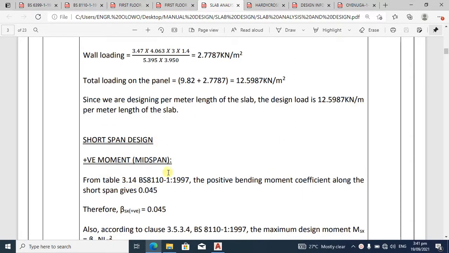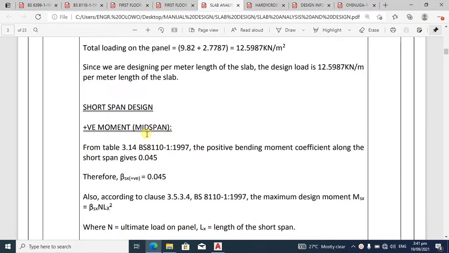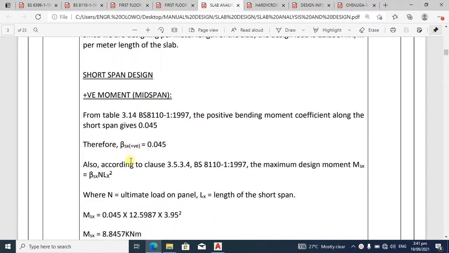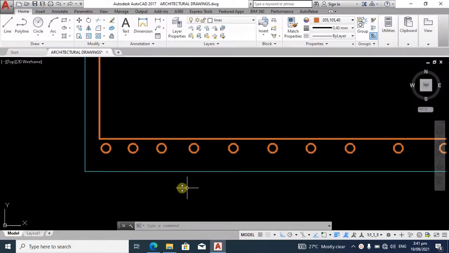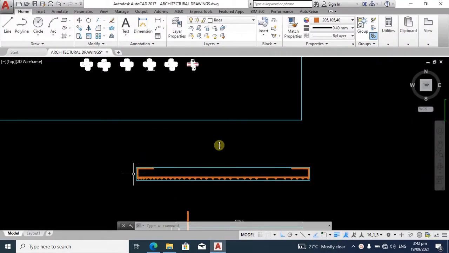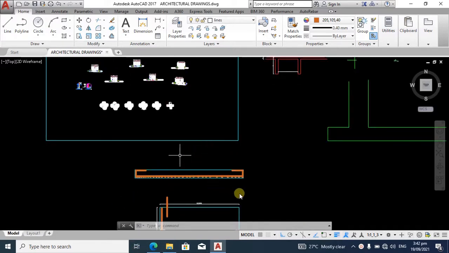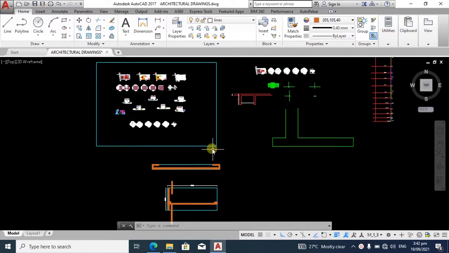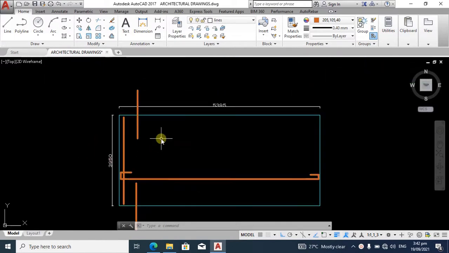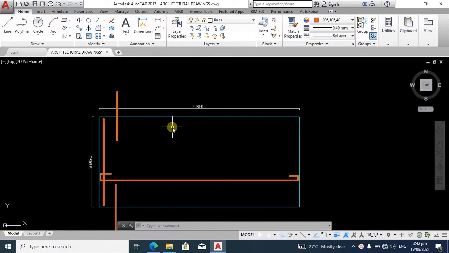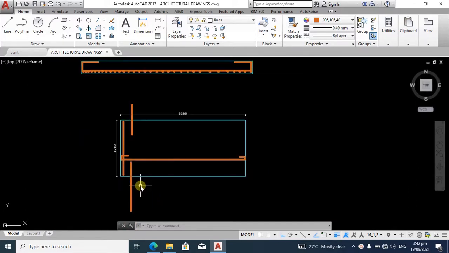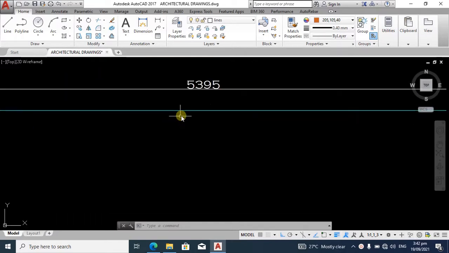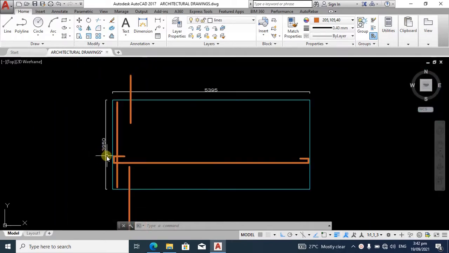The next thing now is to calculate the moment along the short span. Also, we are going to calculate the moment along the long span. Let's say this is a sketch through the panel, a sketch of this panel 4, 5395 and 3950.